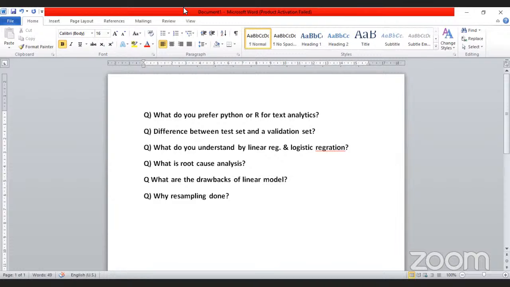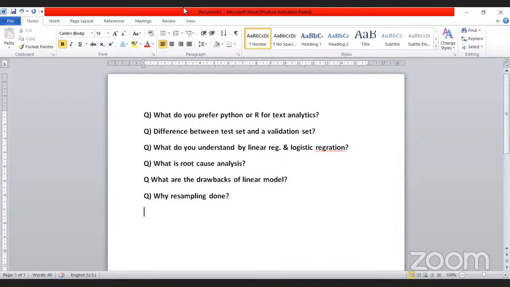Resampling is a methodology we use to improve the accuracy of our model, to solve the issue of overfitting and underfitting. For that reason, we use resampling, to improve our model's accuracy and quantify the uncertainty of a population parameter.